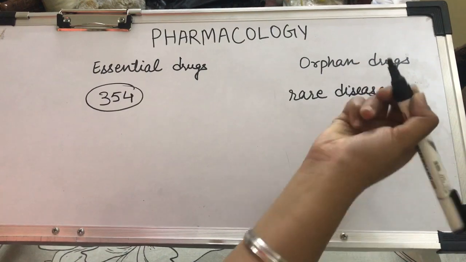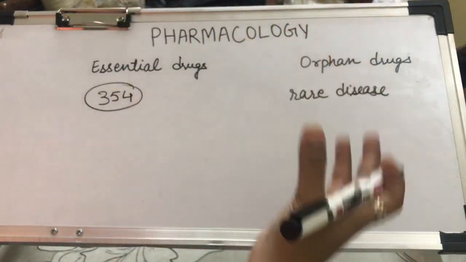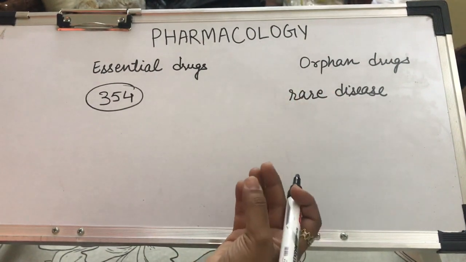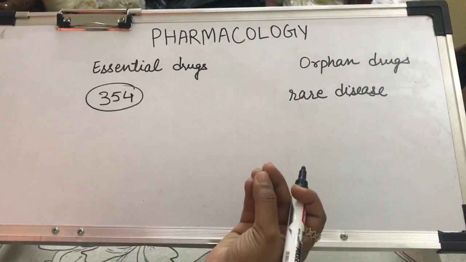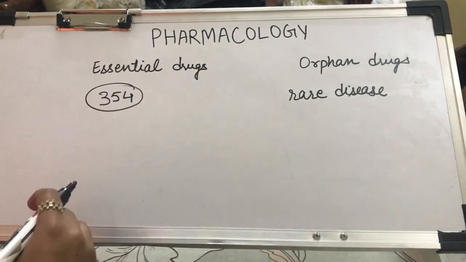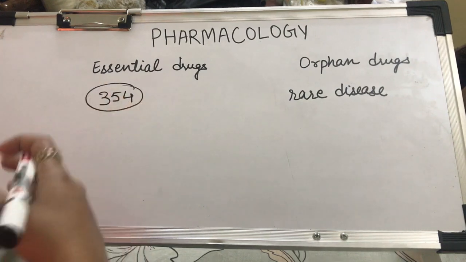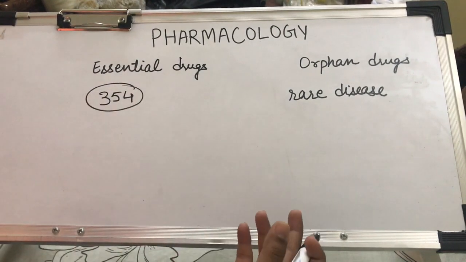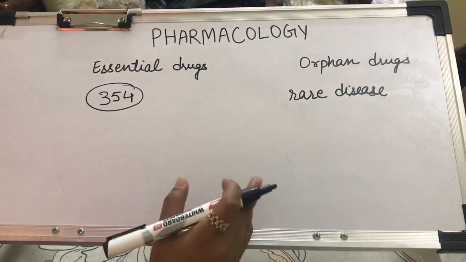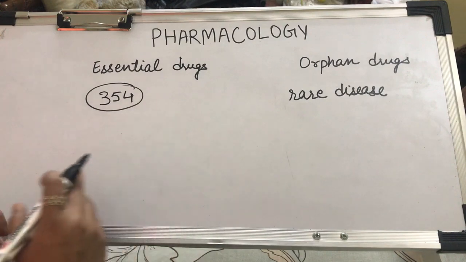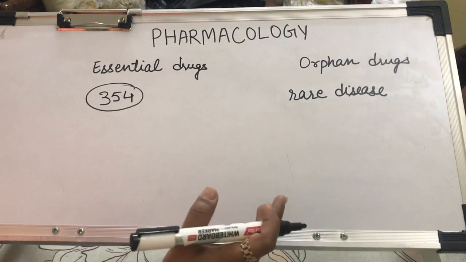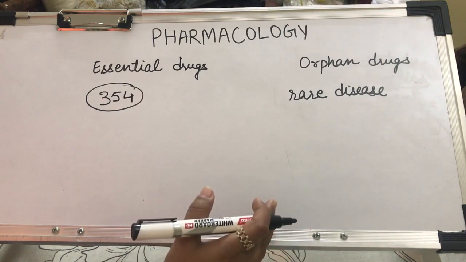Because it is very rare and a very small population consumes these drugs, the profit the company gets is very less. There is no reasonable expectation that the developing cost of the drug will be recovered from that profit, so companies are not interested in manufacturing these drugs.